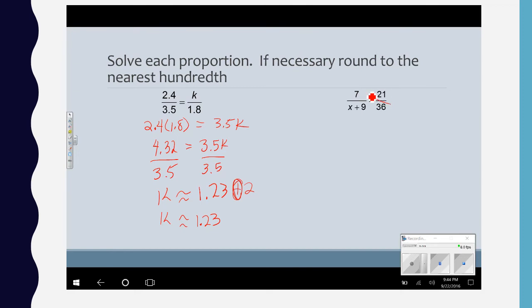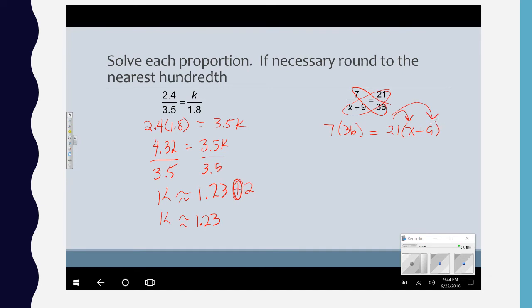If I cross multiply, 7 times 36 is equal to 21 times x plus 9. Again, I can't stress enough that I want to see this written out, because what happens here typically is you all forget to distribute. I'm hoping that you won't, but every year that seems to be the case.